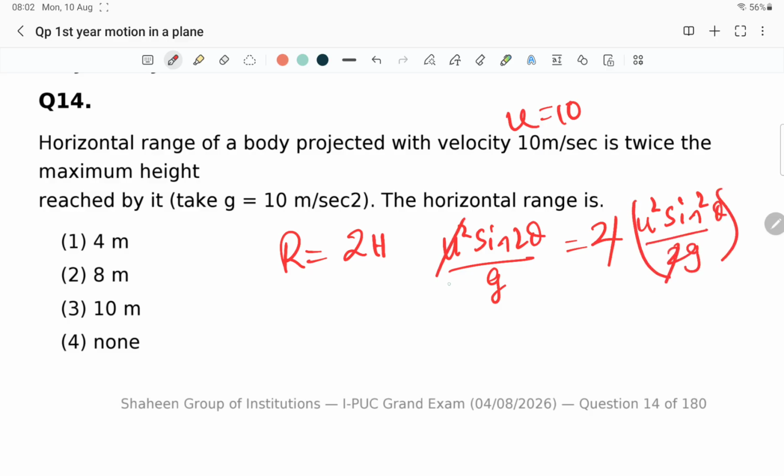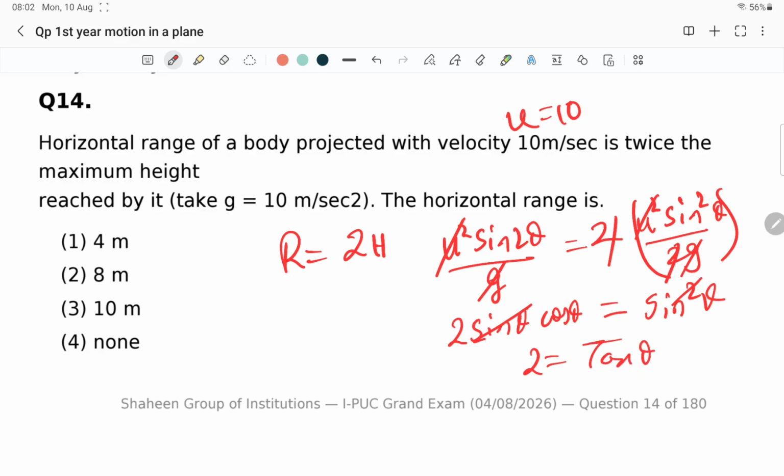So you solve, u square, all this gets cancelled. You get 2 sine theta cos theta is equal to sine square theta. This also gets cancelled. 2 is equal to sine by cos, tan theta. So you got tan theta as 2.